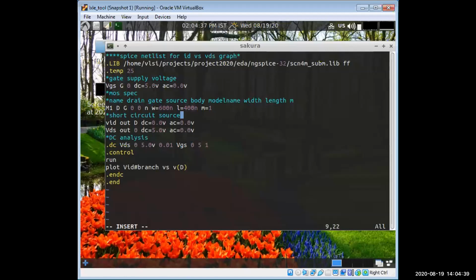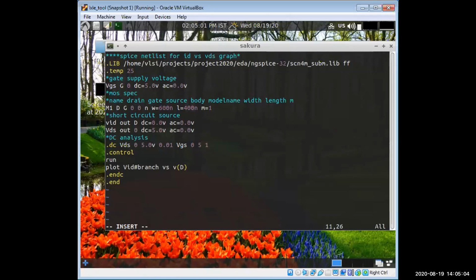Then short circuit source, VID, out terminal. The positive side is connected to the out terminal. Negative side is connected to the drain terminal, as in the previous class. So it is a short circuit voltage. So DC equals 0. Then VDS source, which is connected to the out terminal and to the ground.